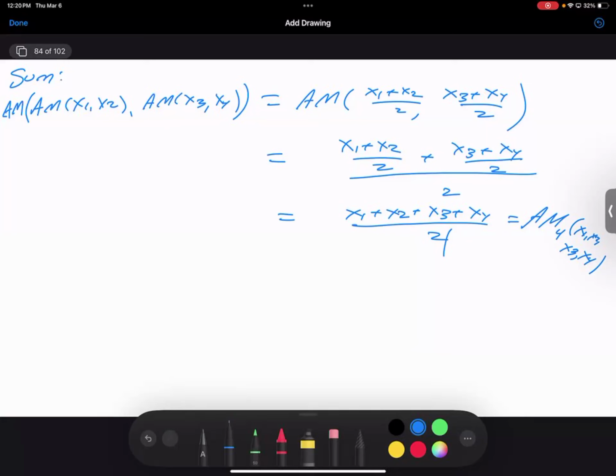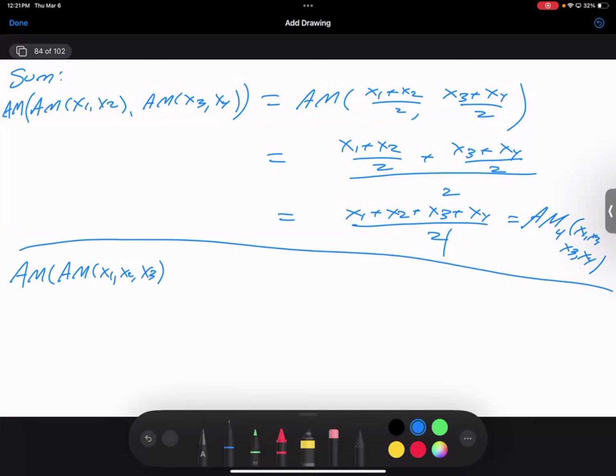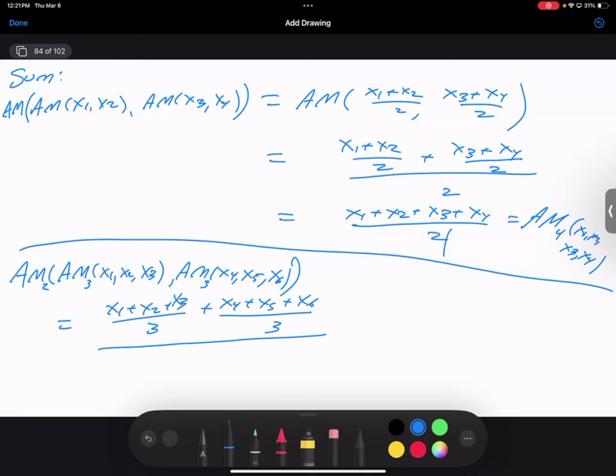We would hope. So if I had 6 terms, I could look at the arithmetic mean of x1, x2, x3, arithmetic mean of x4, x5, x6. And if you want, I'll put subscripts 2 and 3 and 3 to just remind myself of how many pieces we have. And then this should just be (x1 plus x2 plus x3)/3 plus (x4 plus x5 plus x6)/3, over 2.